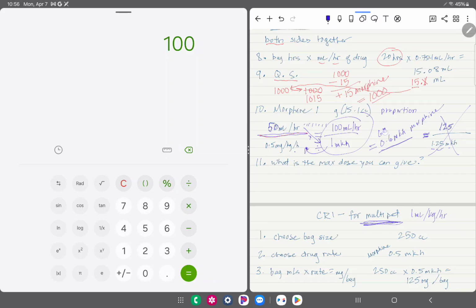There you go. Now you can properly write it in the record. And somewhere you could even note not to exceed 100 mil per hour, because that would be higher than the recommended dose rate of morphine. All right, so the max dose, there you go.